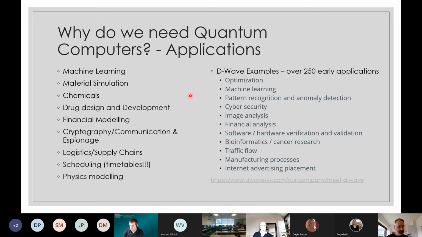The next one is the one that tends to hit all the press, and that's a combination of cryptography, communication, and espionage. Probably the thing people have talked about most is quantum computers' potential capability to crack RSA encryption. And of course, RSA encryption is used in practically everything we do, through the financial system, and even saving stuff on my hard disk is encrypted in that sort of way.